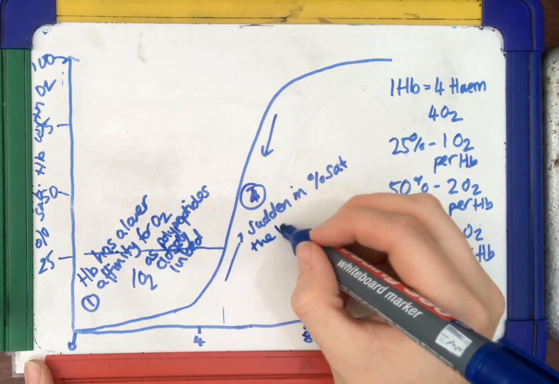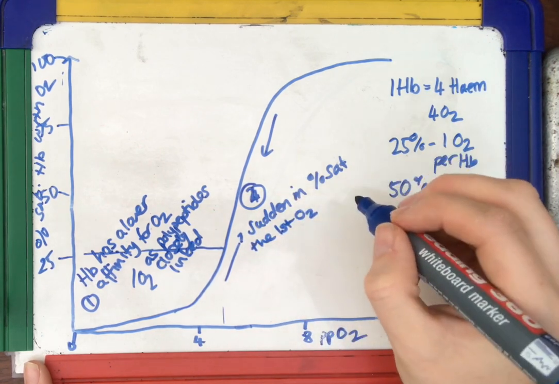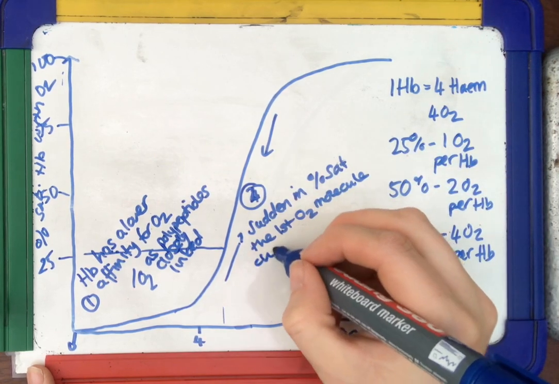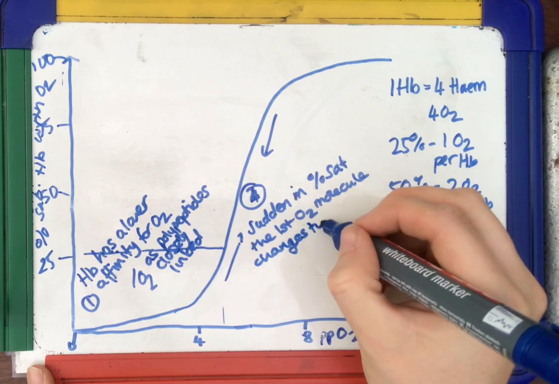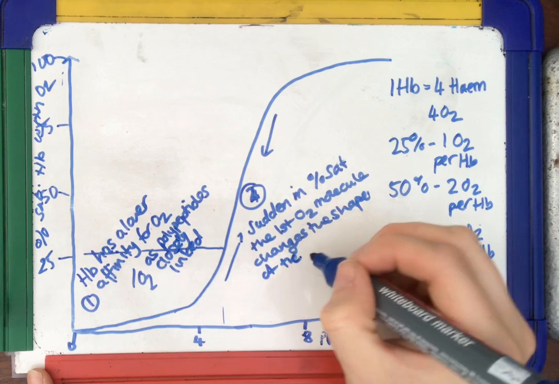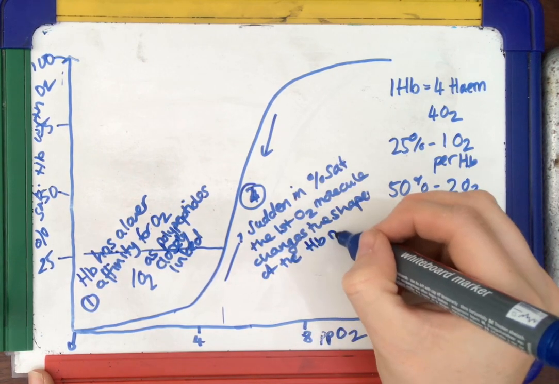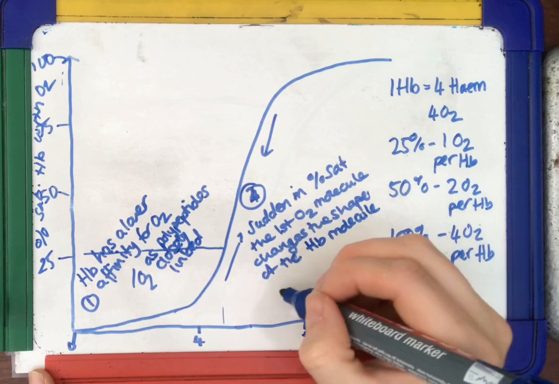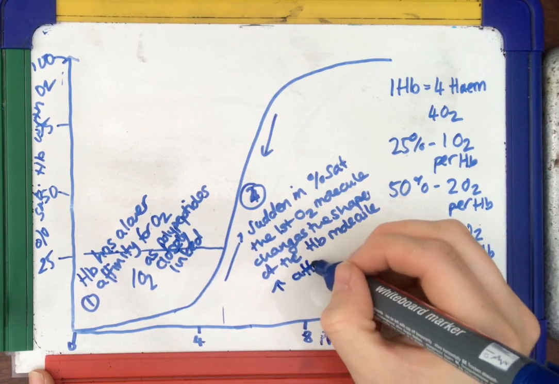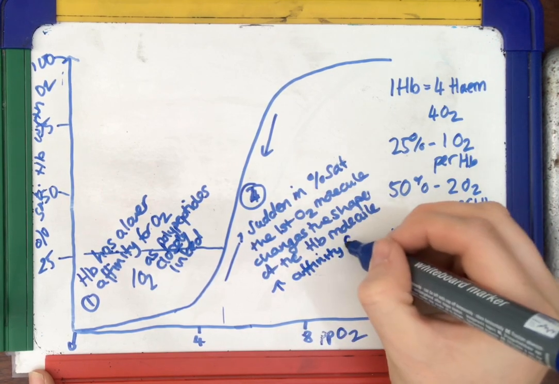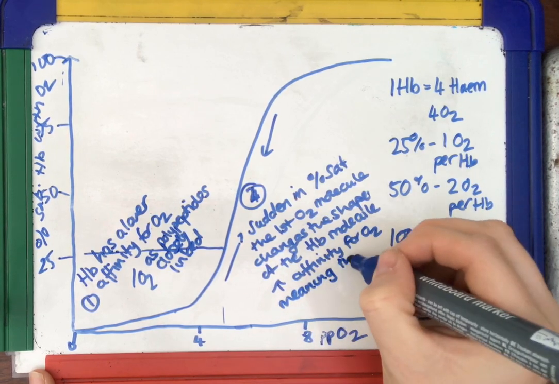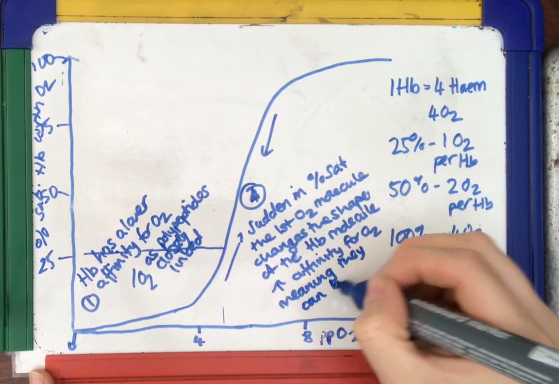The first oxygen molecule binding changes the shape of the hemoglobin molecule, giving it a higher affinity for oxygen, meaning they can bind more easily.